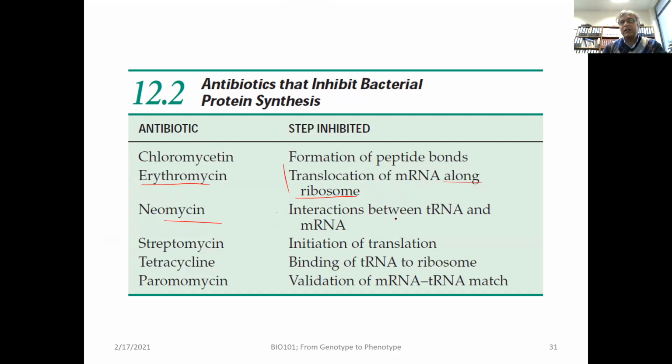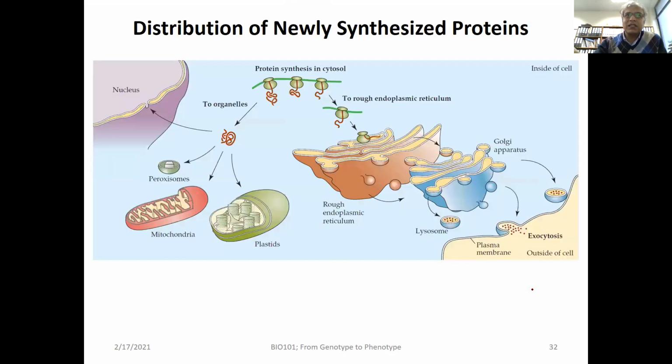Neomycin is also inhibiting translation. Streptomycin inhibits the initiation of translation. That's why antibiotics also have side effects, because they are not just inhibiting bacterial translation, they are having an effect on our cellular translation as well.